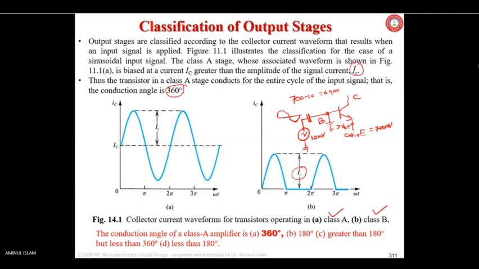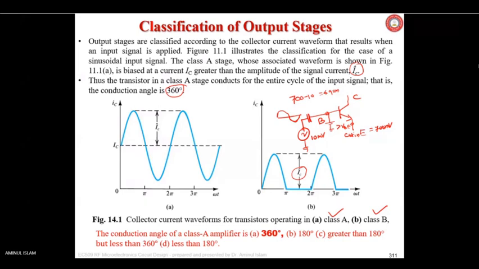What I mean to say is that biasing is important to make the different classes of amplifier. One class is class A, 360 degree, means all positive as well as negative cycles will be amplified.